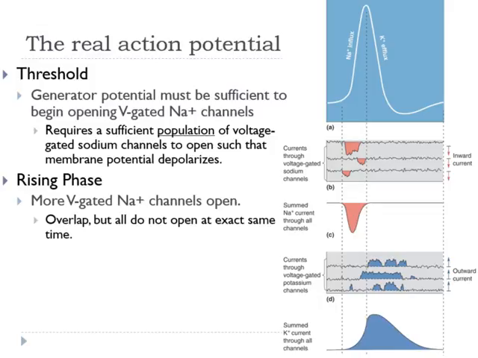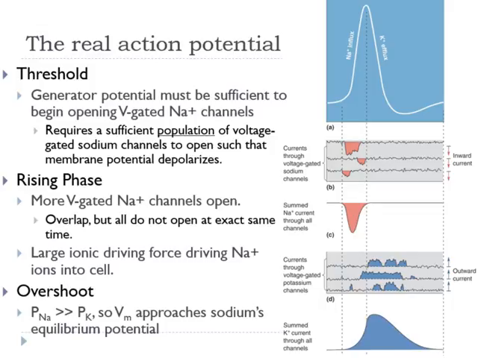This is the undershoot of our membrane potential, and it's caused by the fact that you have extra potassium permeability and therefore extra potassium current driving as potassium ions drive out of the neuron and cause the neuron to become more negative.